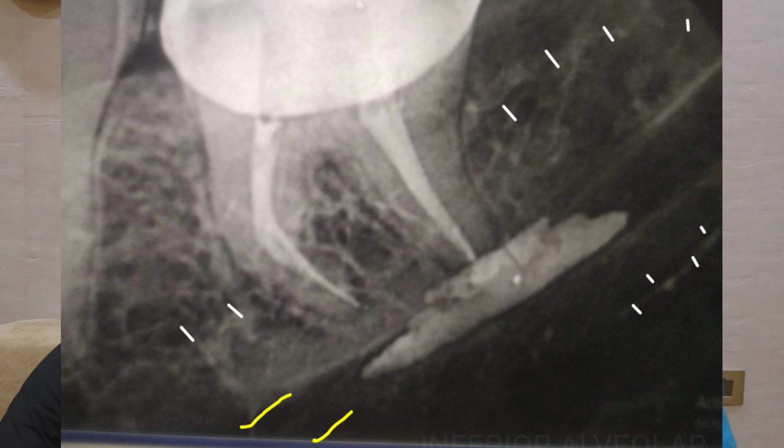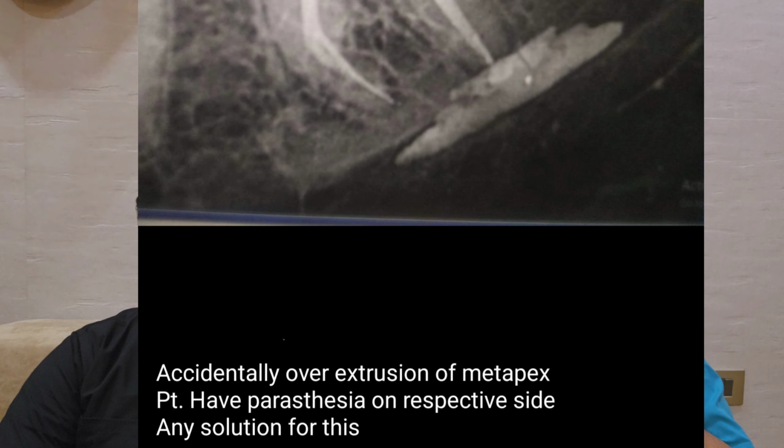Because of that, the nerve sometimes gets compressed, and the patient has started to feel complete numbness in the lip, chin, and adjacent areas. So this is a very easily avoidable complication.